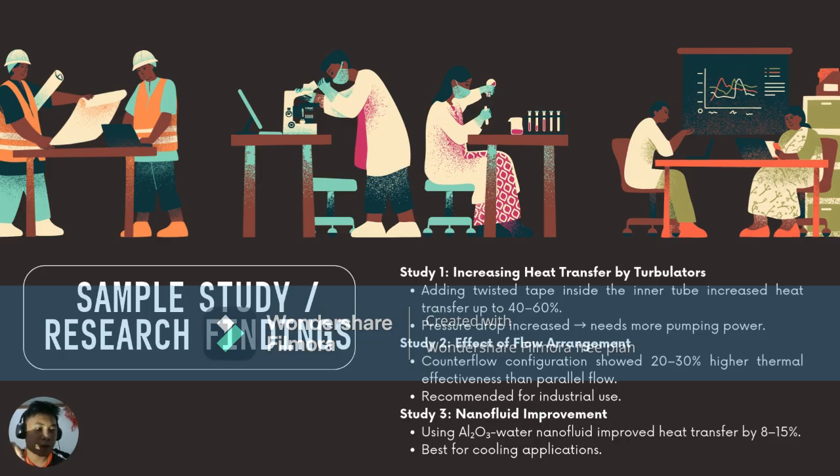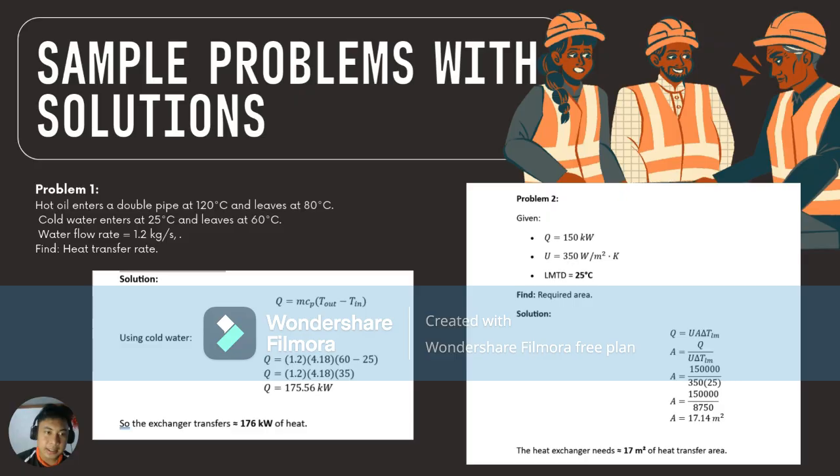So muna ang paggamit ato og taas sa heat transfer. So kani siya nindot kayo gipakita nga nindot kayo jud ang performance sa heat exchanger. So ari na ta sa sample problem.